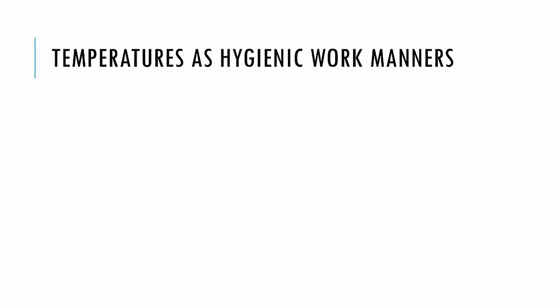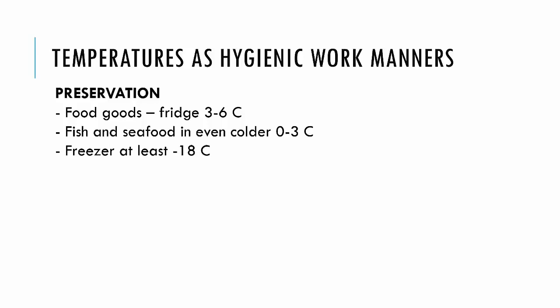Then temperatures as hygienic work manners. There are two types of temperatures. In terms of regulations, you should not mix. These are serving temperatures and then preservation temperatures. In terms of preservation, food goods that are stored in fridge temperatures should be from 3 to 6 degrees.